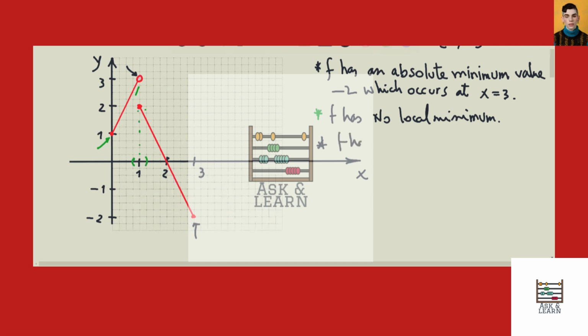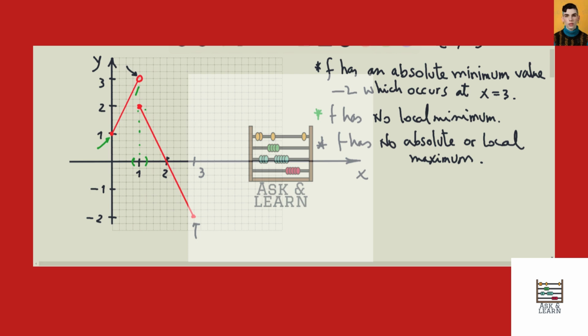So f has no absolute maximum, and it doesn't have a local maximum either, by the same reasoning. At any point that we choose on the graph inside the domain, not the endpoints, there are always images that are greater and smaller than the image at the point. So f has no absolute or local maximum values.